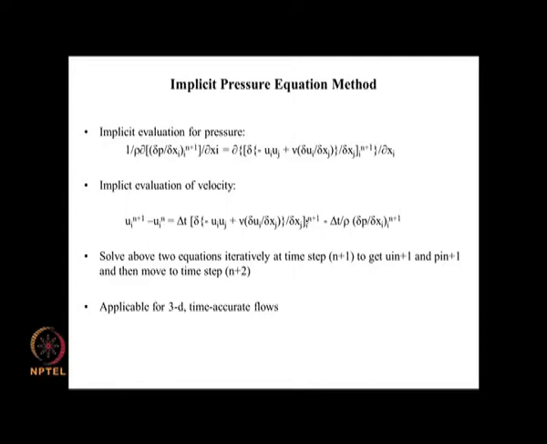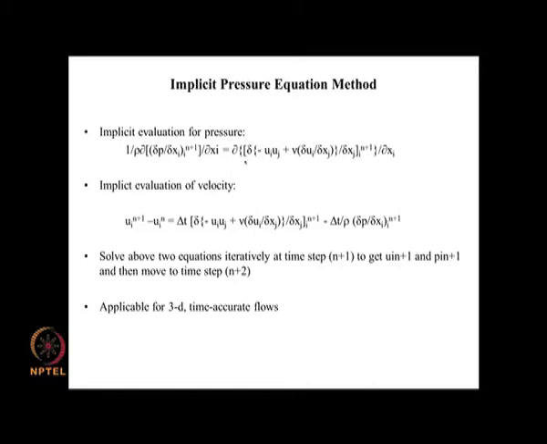So what we do is that we start with some guess velocity field, okay, and then we can use this to get pressure field at n plus 1, and then we put this pressure field here, then we get new velocity field. We put this back into this and then we get p^(n+1). We put this back here and then we get u^(n+1). So just to evaluate the velocity and pressure field at n plus 1, we have to solve this and then we have to solve this and then go back and solve this and update, update, update, update.